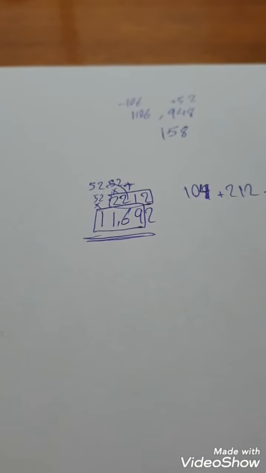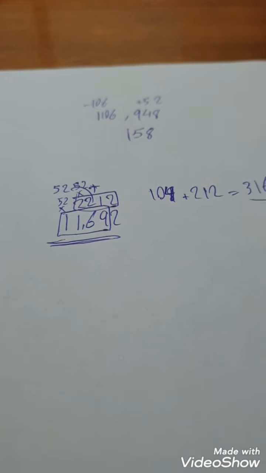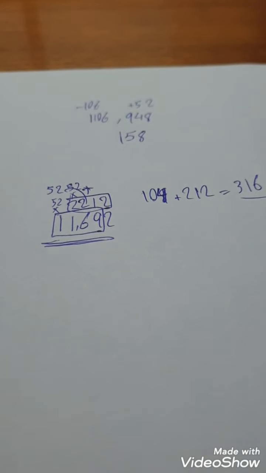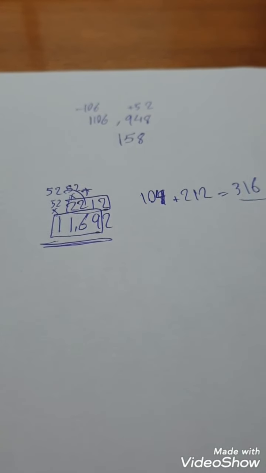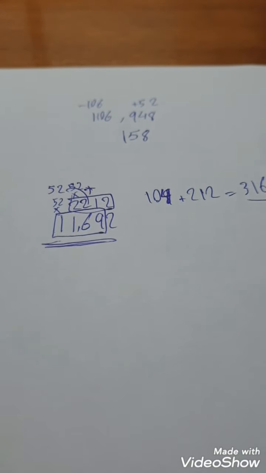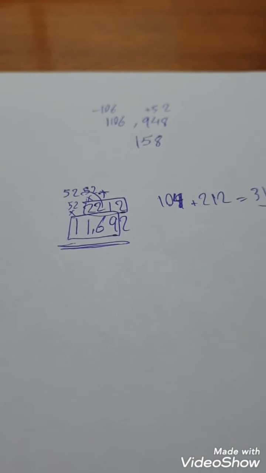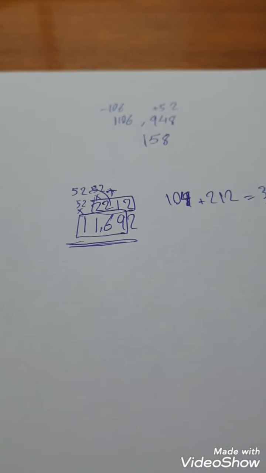By the way, guys, I wish this method has helped you, and that you will use it. And I am the one who invented this method. And take note that as the numbers increase, the distance from the hundreds and thousands will increase as well.